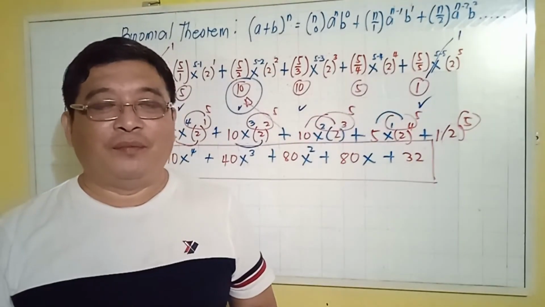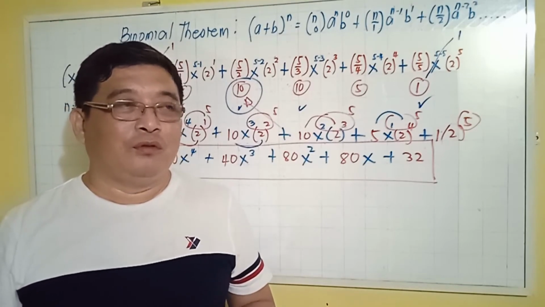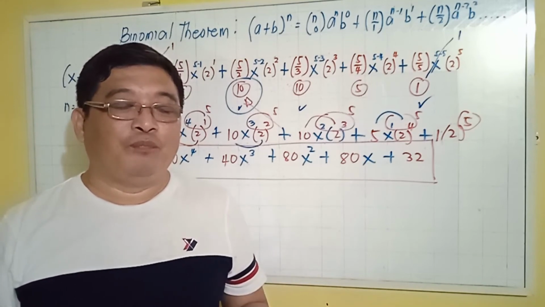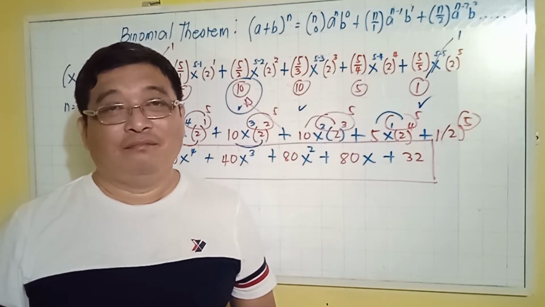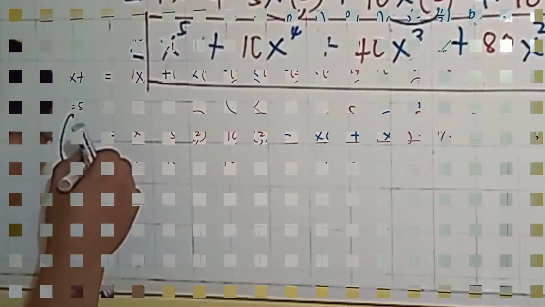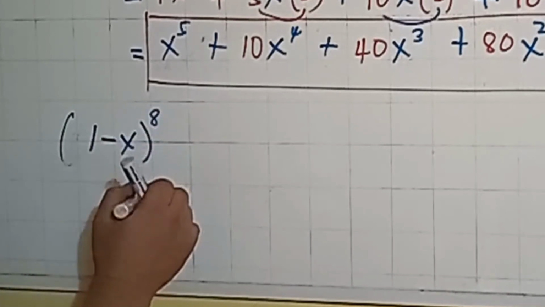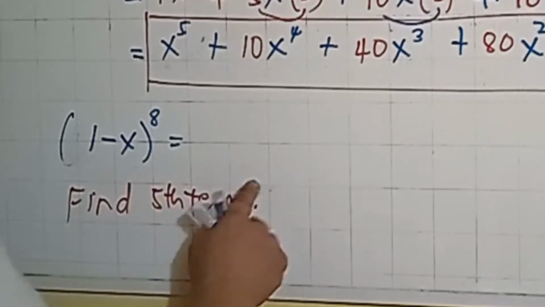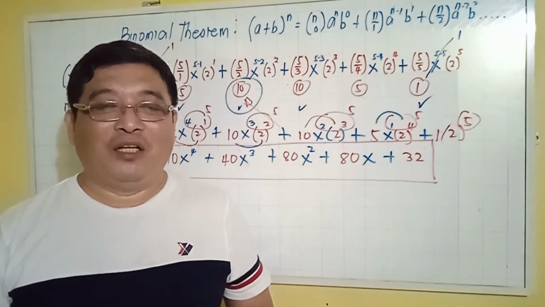Now, example, hinahanap natin yung a certain term doon sa given natin, wherein halimbawa we have a given the quantity of 1 minus x raised to 8. Hahanapin natin yung pang fifth term. Paano gagawin natin? So, kailangan mo na malaman kung ano yung value ng n at saka yung value ng r.